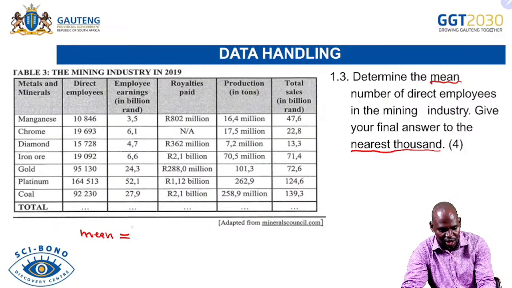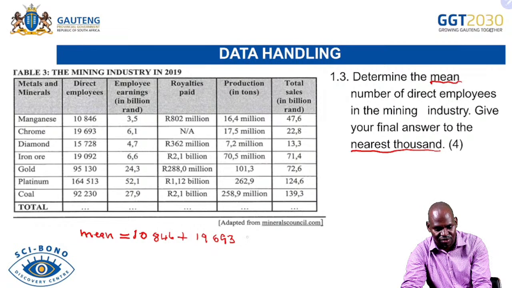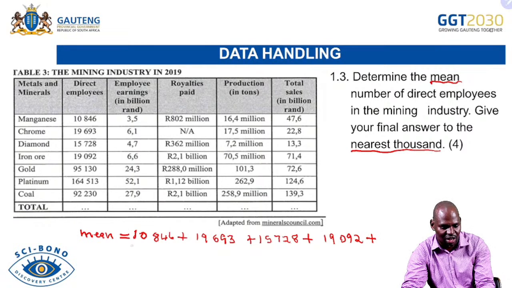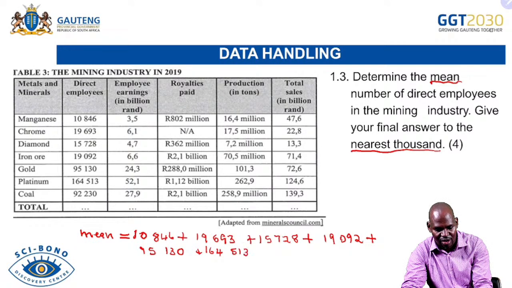So you can just indicate 10,846 plus 19,693 plus 15,728 plus 19,092 plus, unfortunately I don't have enough space there, plus 95,130 plus 164,513 plus 92,230.